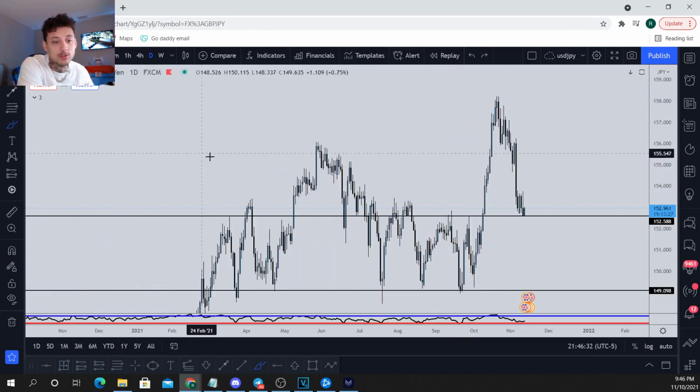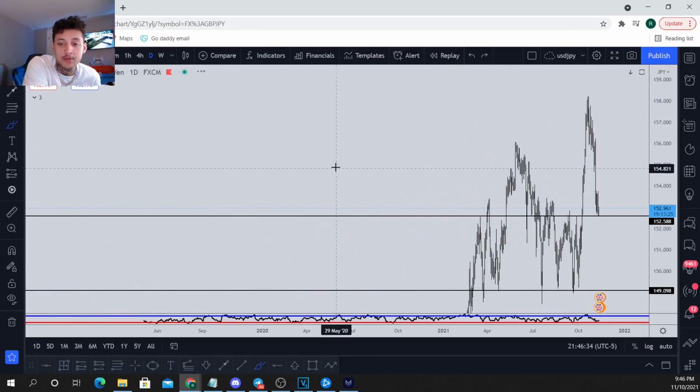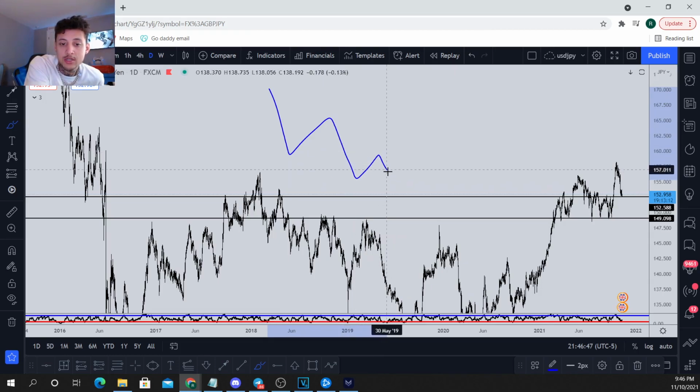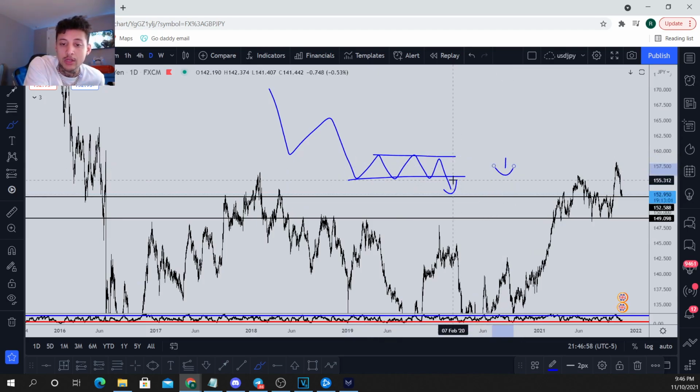Now, one thing that I also want to go over, which is worth mentioning, are the different types of pullbacks that I didn't mention in the last video. So in some market conditions, when price is trending, let's say you have a bearish trend where price is making lower lows and lower highs, and then you see price just start to consolidate, right? The probability for price in this situation is going to be a lot higher for price to continue to trade lower along with the trend.